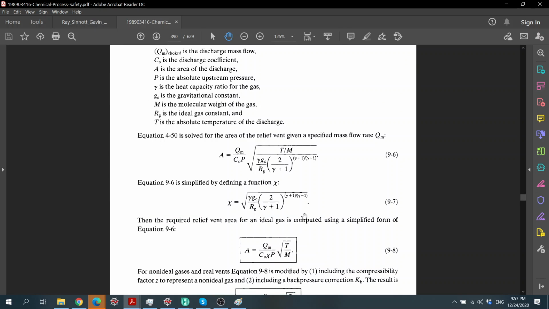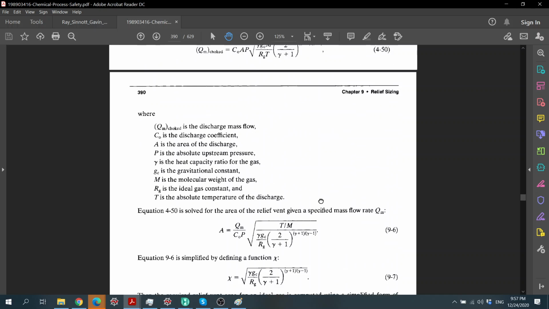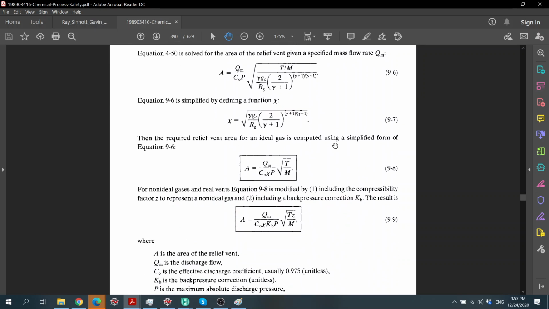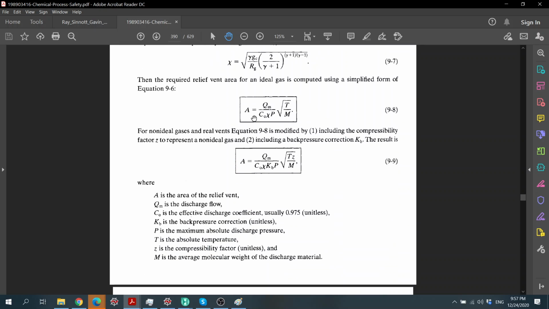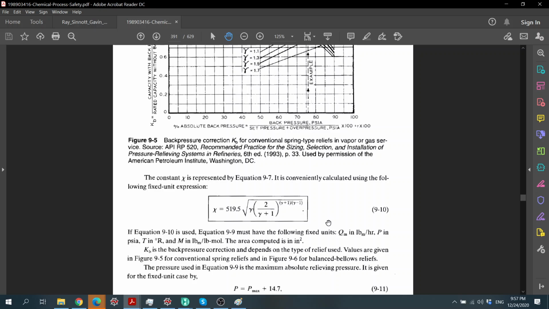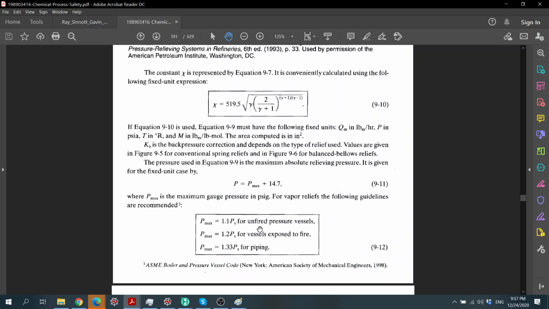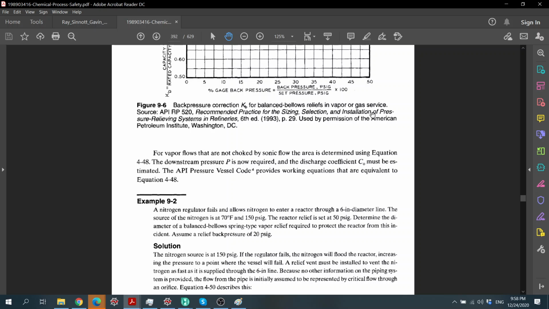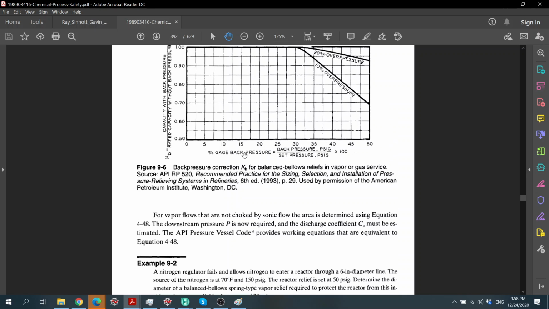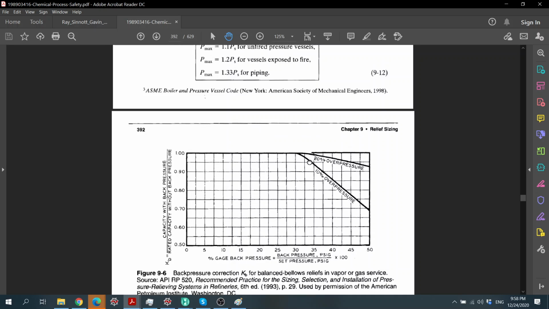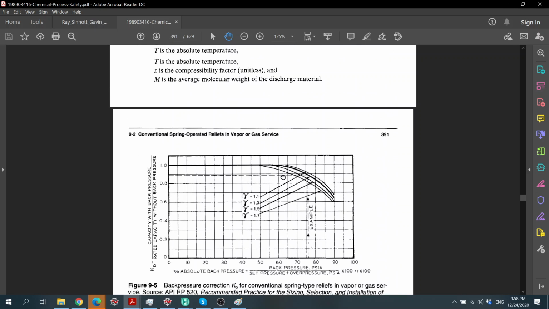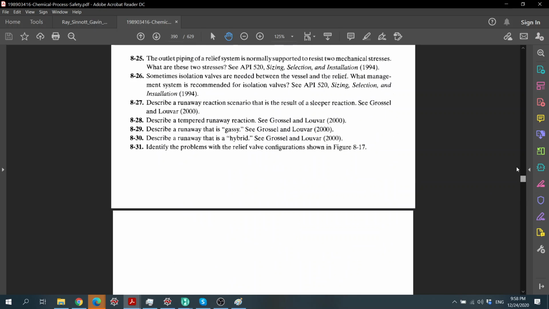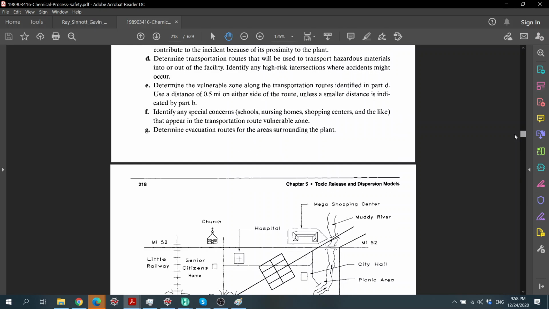If it's not choked, we can just use equation 448. So it's in chapter 4, not in this chapter 9, but it's 448.